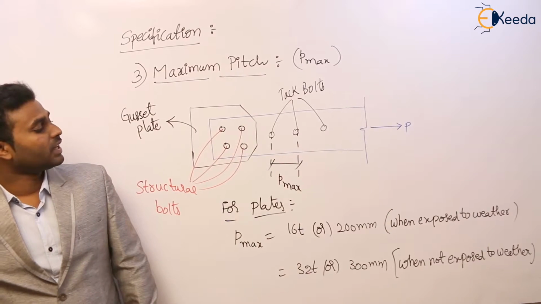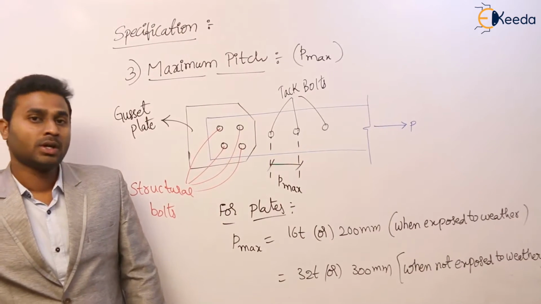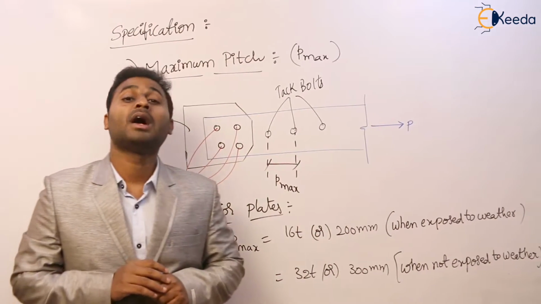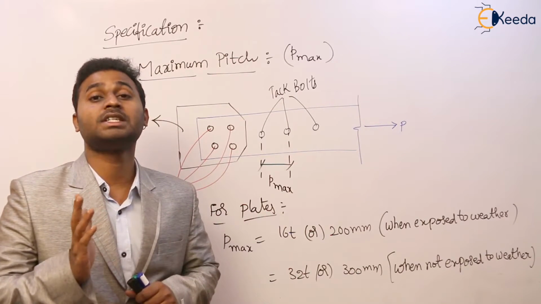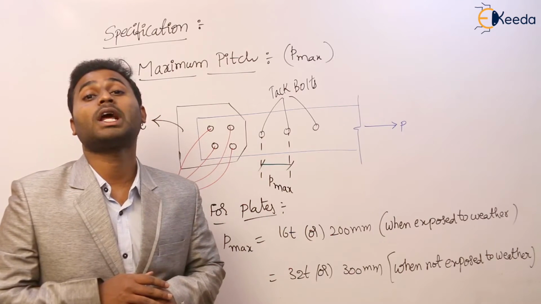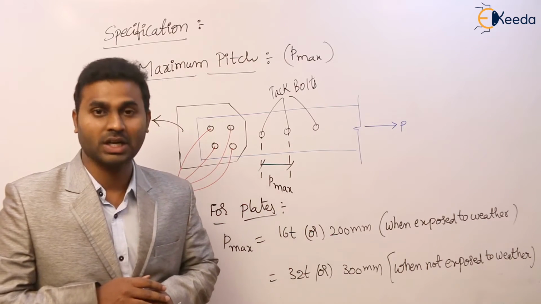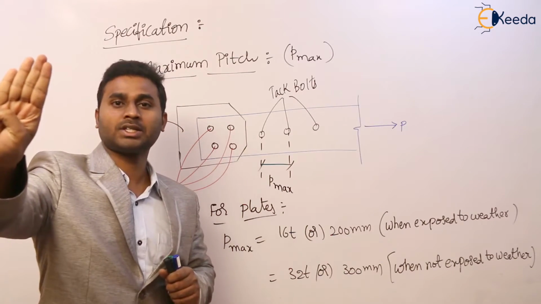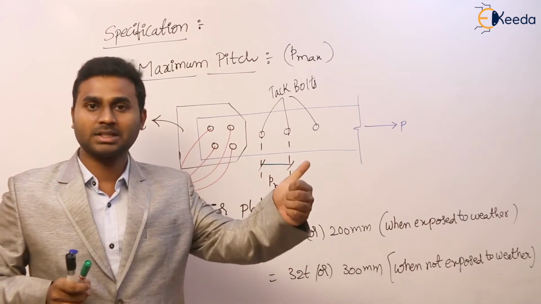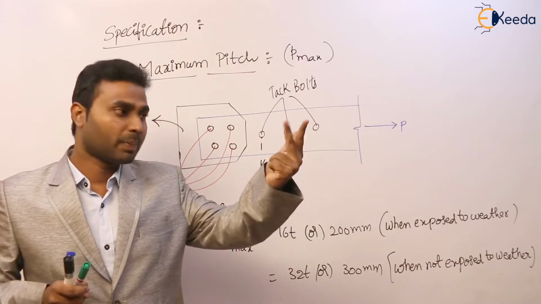So this is when the plates are connected by using tag bolts. Now, other than plates, what are the other steel sections we have? In previous sessions, we discussed in detail the types of steel sections that are manufactured: I section, channel section, T section, angle section, tubular section, bars, flats, plates and sheets.